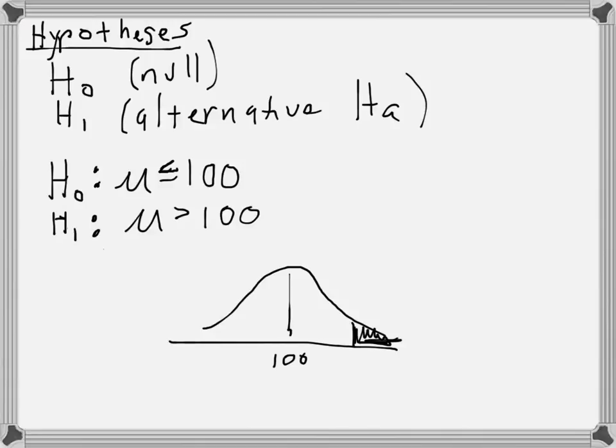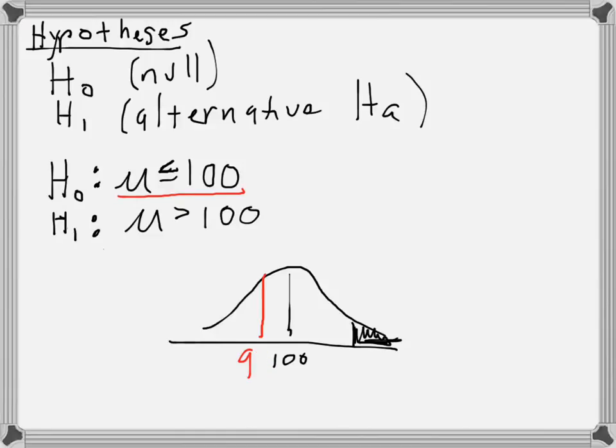And notice that I write that the null could be equal or less than 100, because let's just put it this way: if I randomly sampled my school and they had a sample mean of 97, case closed, right? I'm not going to be able to prove my point that the mean IQ score is greater than 100. I kind of have to have a sample mean over the mean that I am trying to test.